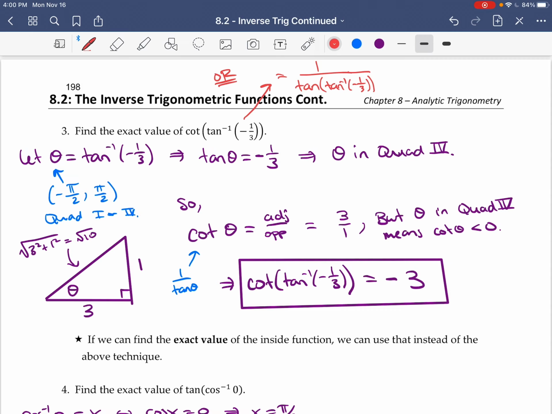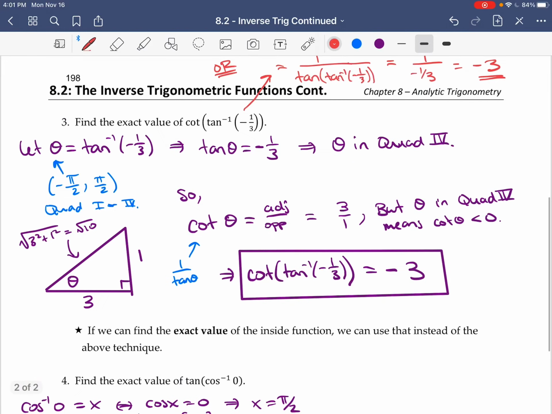So the tan and the tan inverse would cancel. So this would be 1 over negative 1/3, which if I flip the bottom one and multiply also gives me negative 3. In the other examples the trig functions that we used weren't related. But here we know cotan in terms of tan, so you could turn it into tan and then do that method instead. That would also work.